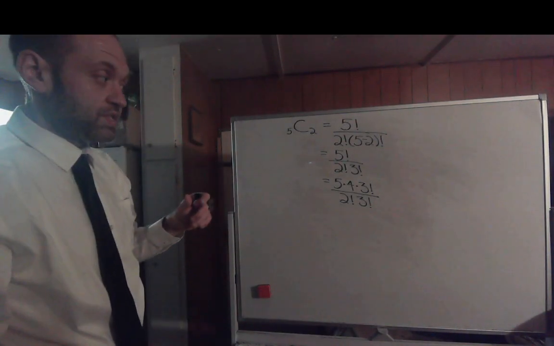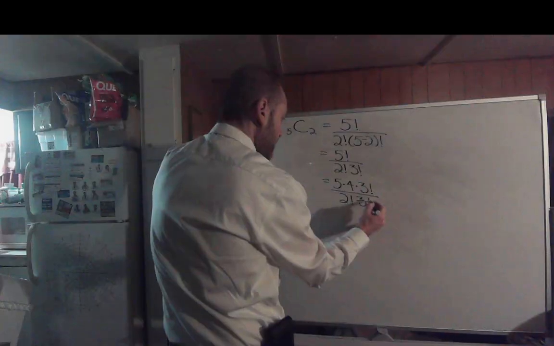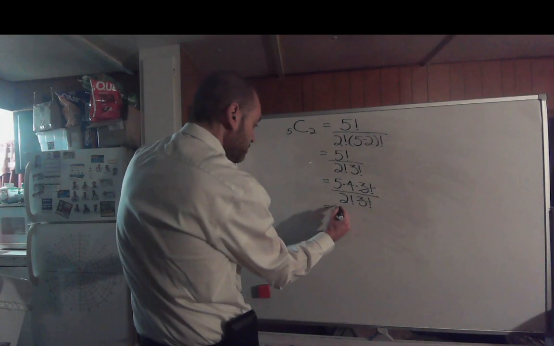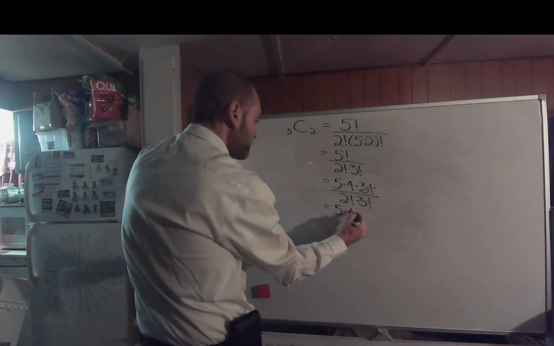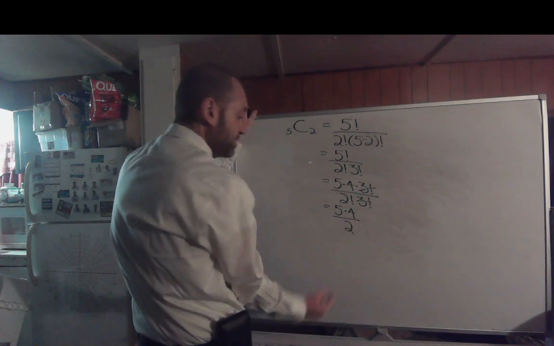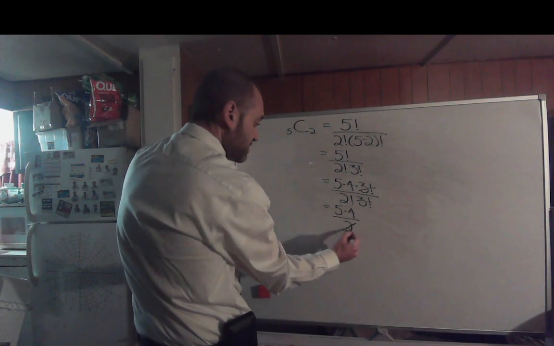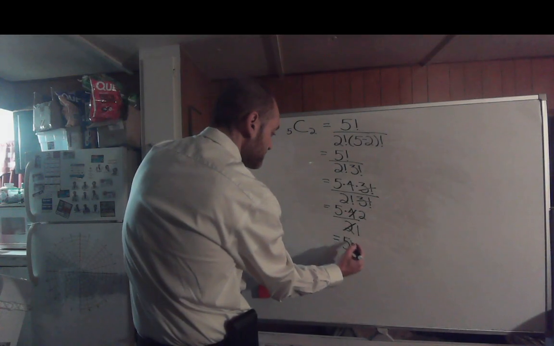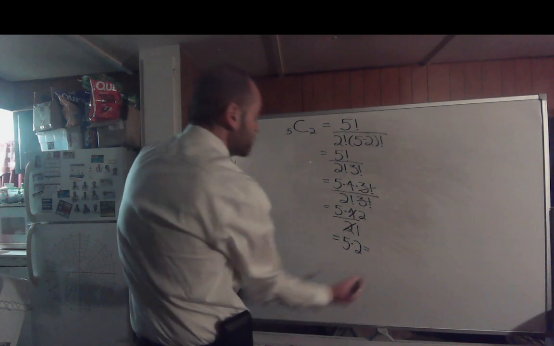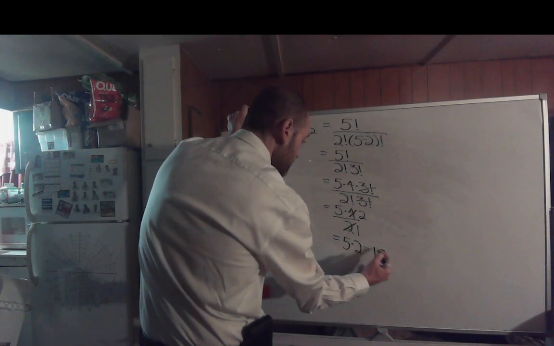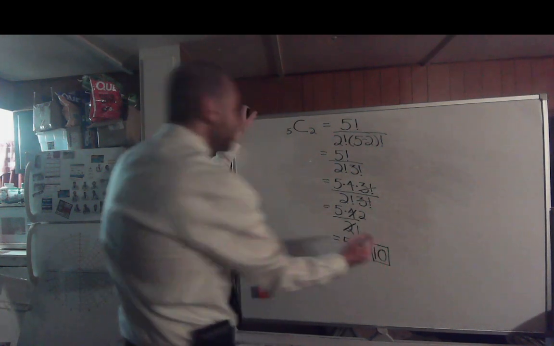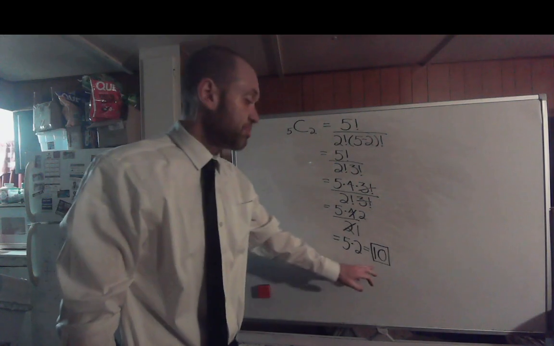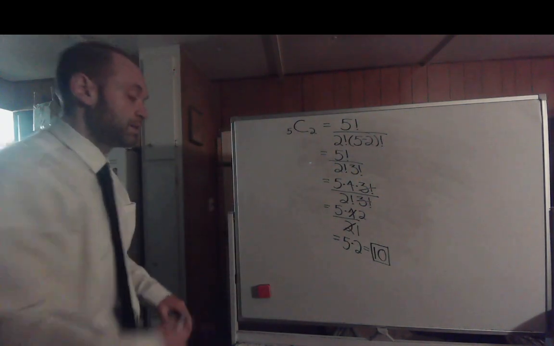Now notice my 3 factorials will cancel out. 2 factorial is simply 2 times 1, or 2, so you'll get 5 times 4 divided by 2. Well, 2 cancels into 4, so you'll just end up with 5 times 2, which would give you 10. So if you're taking the combination of 5 items 2 at a time, there are 10 possible combinations.